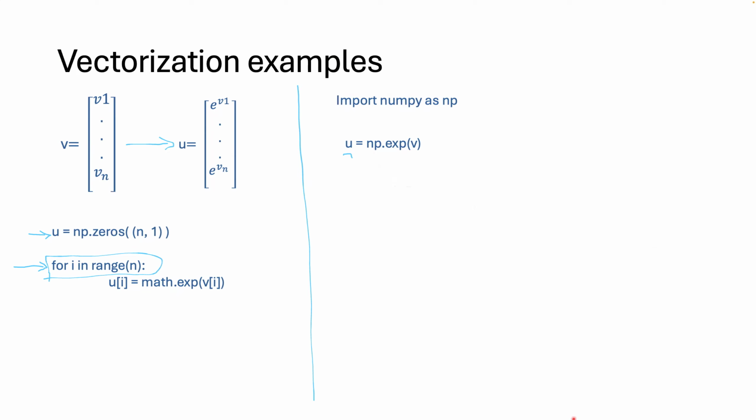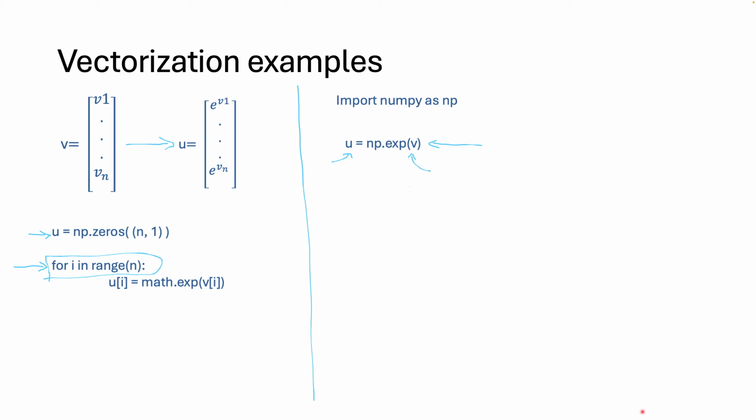Here we just input v as what we would like the exponential of, and u is the output vector, because we're trying to make a new vector called u which is the exponential of everything. Basically the implementation on the right will be much, much faster than the one needing an explicit for loop.